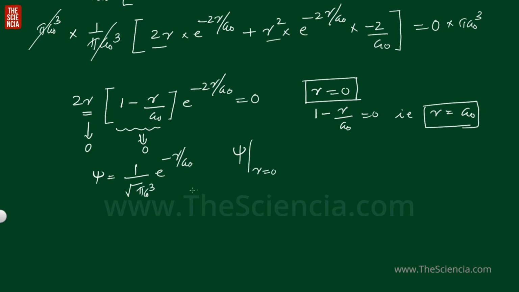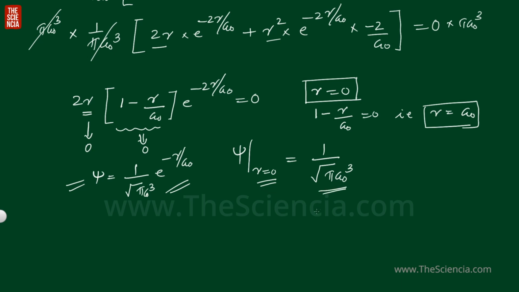That is, we have to substitute r equal to 0 in this equation, right? That is equal to what we get? We get 1 by root pi a0 cube. But here there is a problem, because I told you this wave function represents an electron cloud in the hydrogen atom. And what is the meaning of r equal to 0? That is, at the location of nucleus, there is an electron wave function.